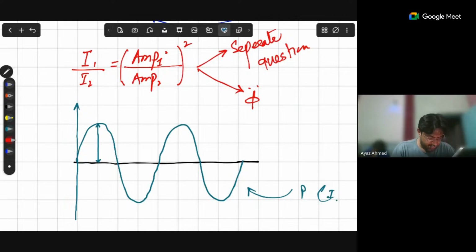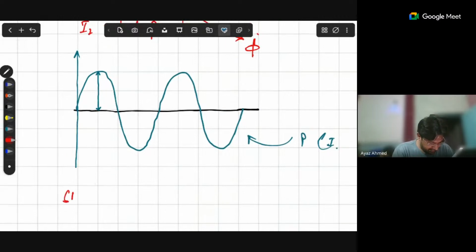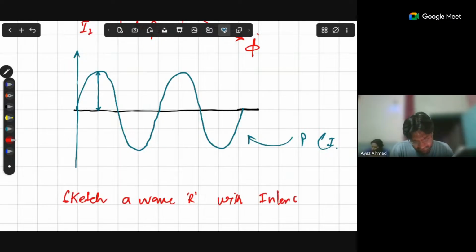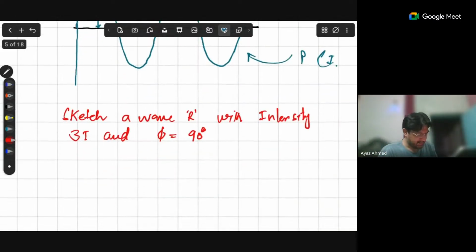You are asked to sketch a wave R with intensity 3I, and phase difference equal to, let's say, 90 degrees or 270 degrees.